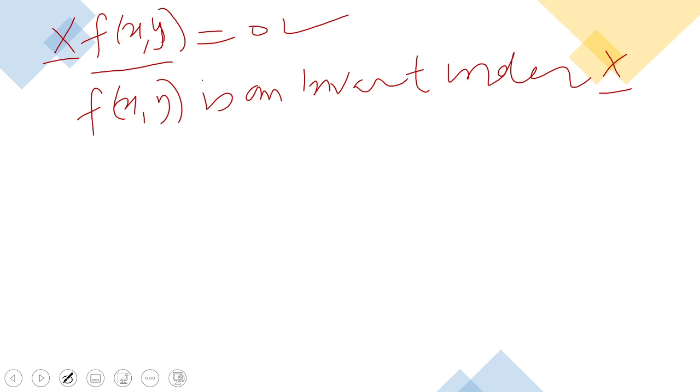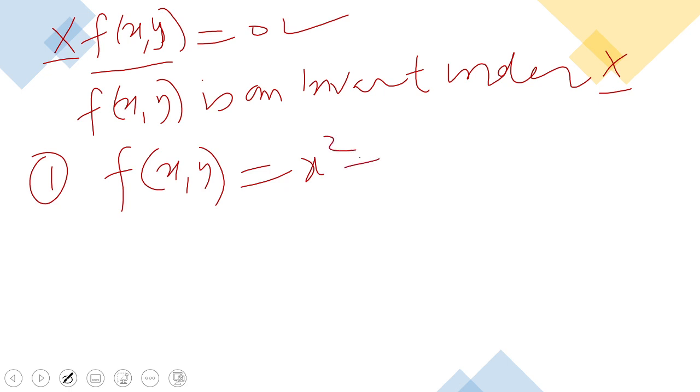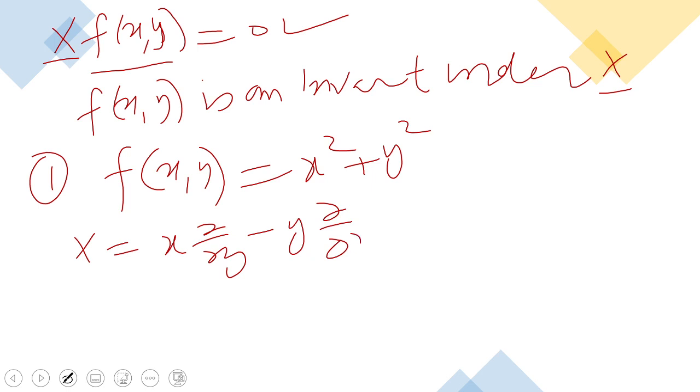So one example is, let's say f(x, y) is x square plus y square. This is my function, and let X be x ∂/∂y minus y ∂/∂x. So you see, if I operate this on x square plus y square, what will I get?